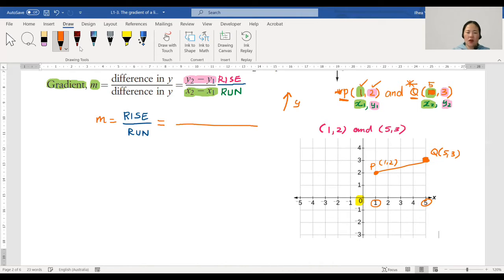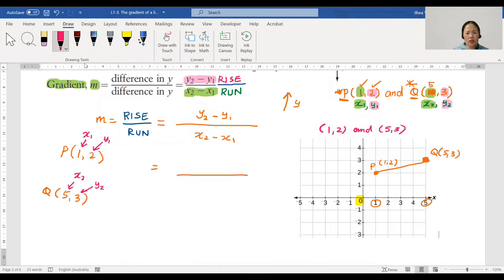So I'm going to find the difference between the 2 y coordinates, I will have to go y2 take away y1. That'll give me my rise. And x2 minus x1 will give me run. Point P, Q, y2 take away y1.